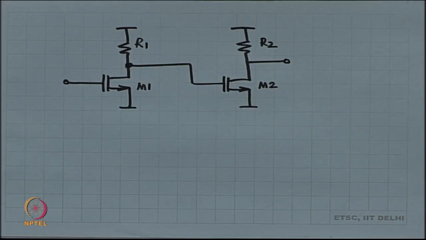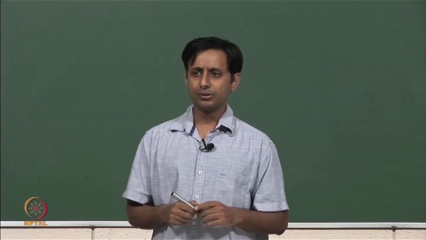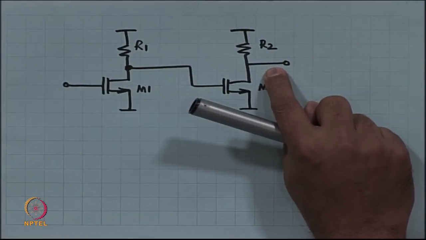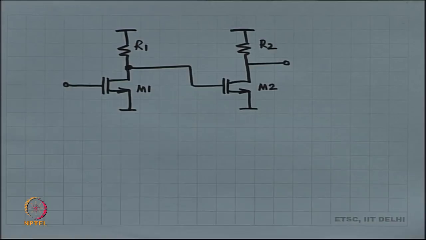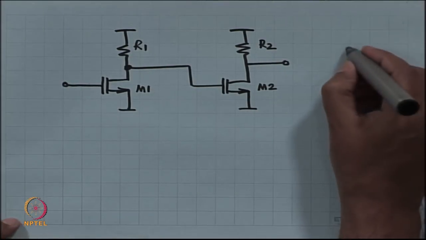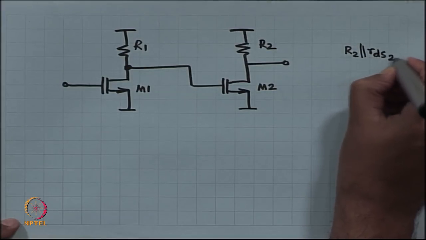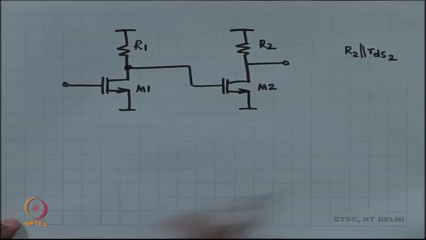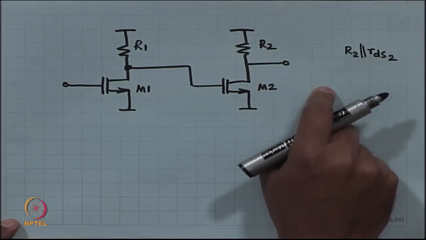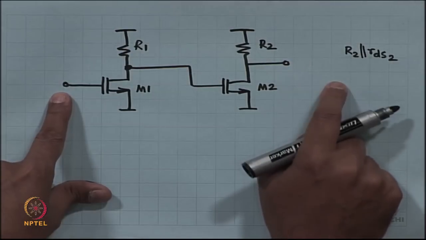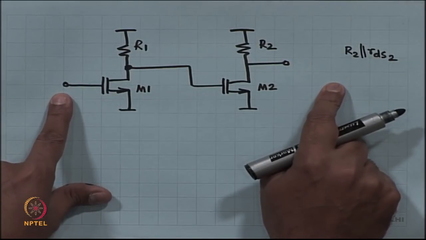You could also do this a little differently. You could just find out the output impedance from the second stage. The output impedance from the second stage is R2 in parallel with RDS2. This is the output impedance, and then the transconductance from just the second stage. I will apply V in over here and measure the short circuit current at the output of the second stage.